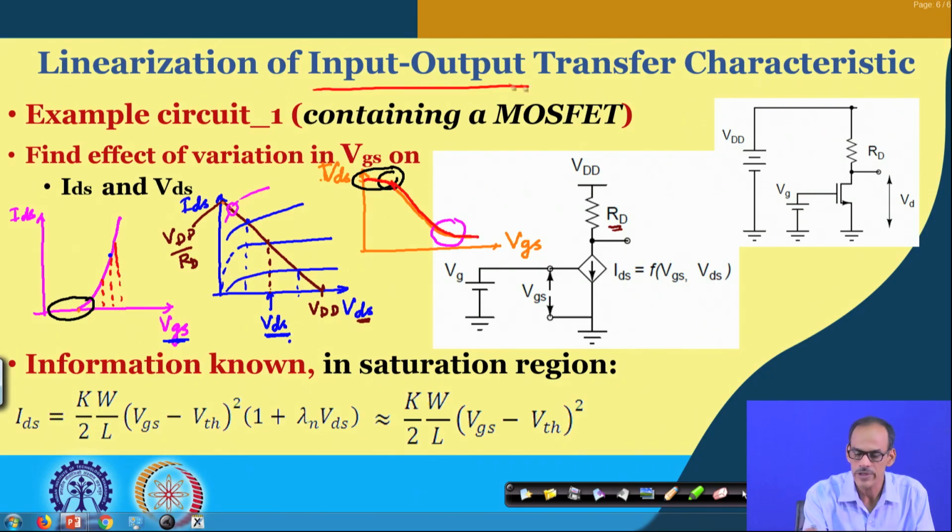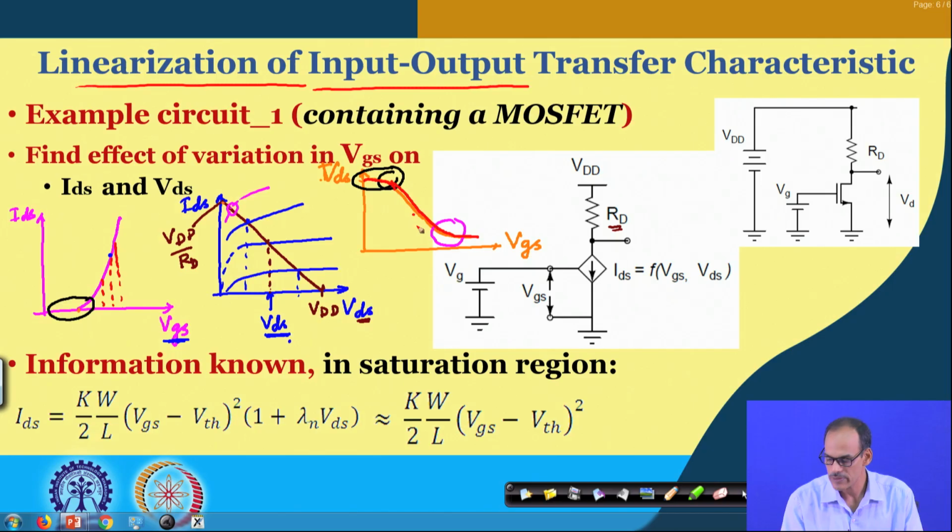So, this nonlinear input to output transfer characteristic we need to linearize. We have seen that the middle portion of the characteristic curve is fairly linear, and whenever you are talking about linearization, if we keep our linearization center around the middle of this range, then the linearity range will be bigger.